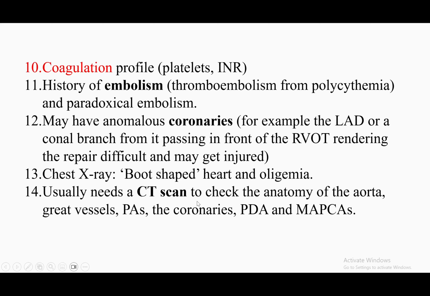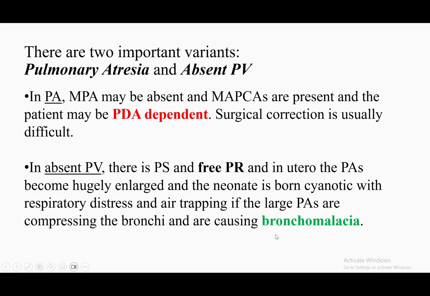Usually needs a CT scan to check the anatomy of the aorta, the great vessels, the pulmonary arteries, the coronaries, the PDA and the MAPCAs. We should keep in mind that there are two important variants of Fallot: the Fallot with pulmonary atresia, sometimes called extreme Fallot, and the Fallot with absent pulmonary valve.